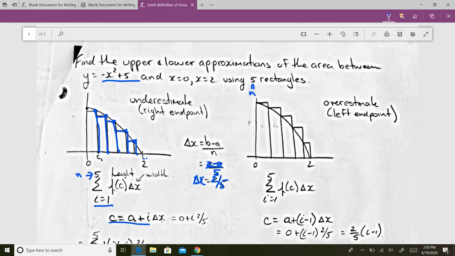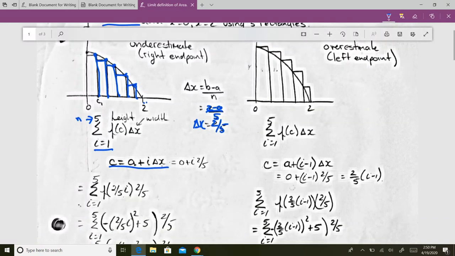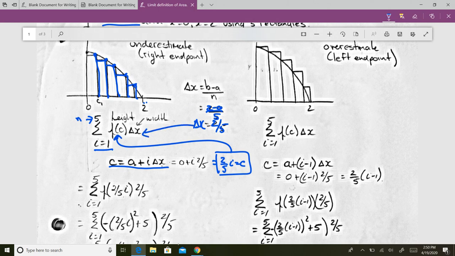Our c value is a plus i delta x. a is 0. i is just i, because we're going to sum all the rectangles, times delta x. What's delta x? It's 2/5. So this shortens to 2/5 i. That is your c value. All right? That goes in there, and delta x goes there, and you get this here.